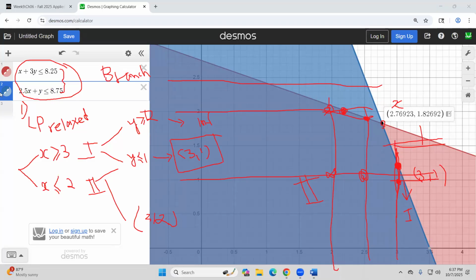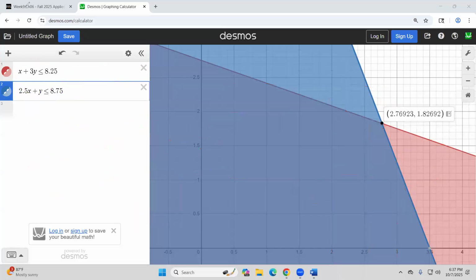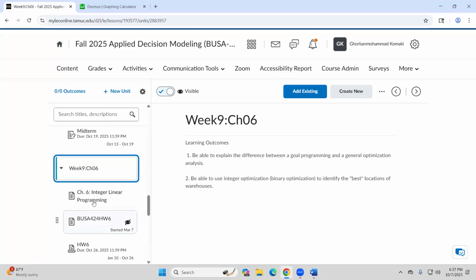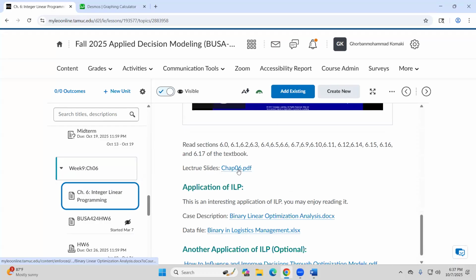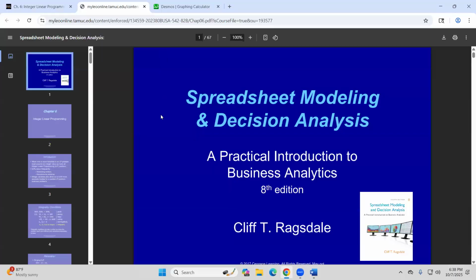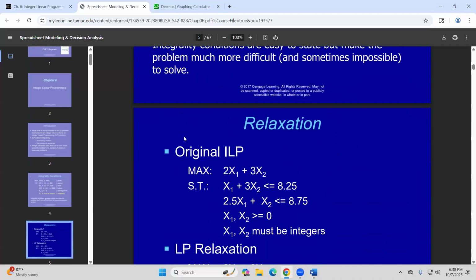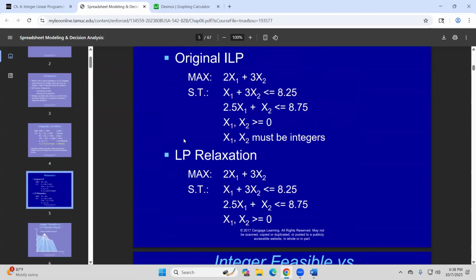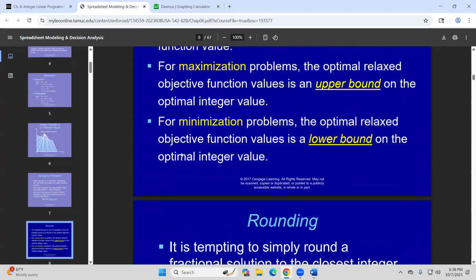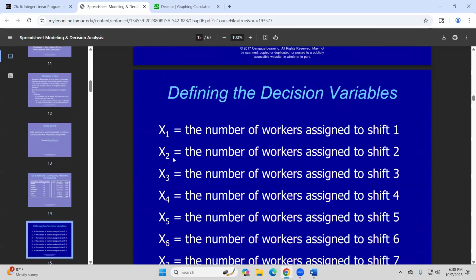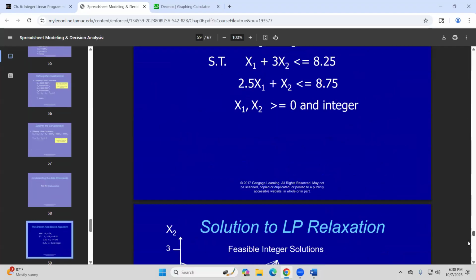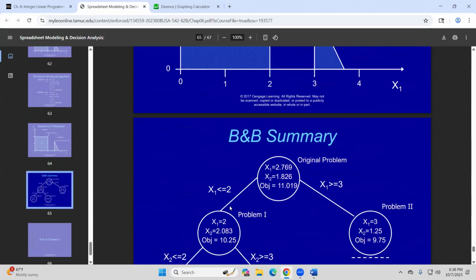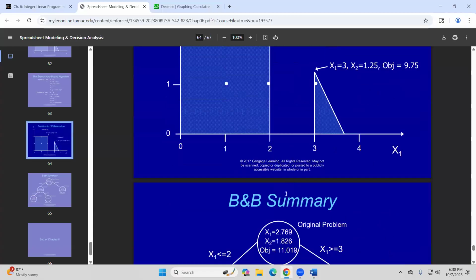Okay, so let me show exactly what happens for this specific problem. Do you remember we solved this problem, right?